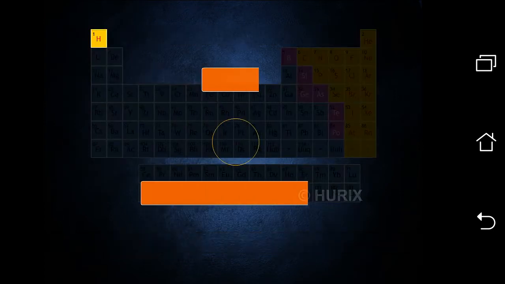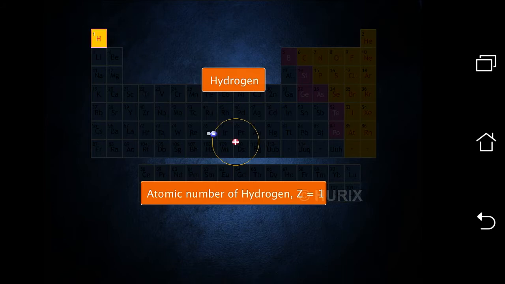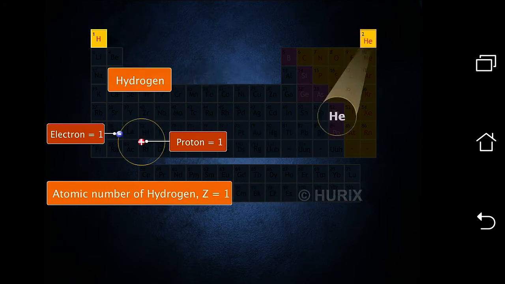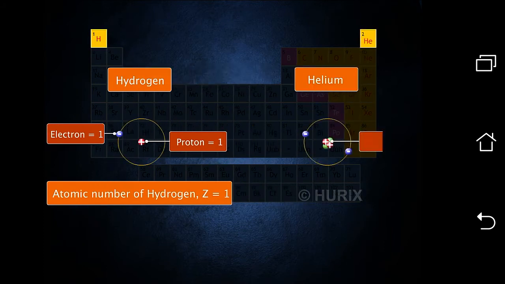Does hydrogen atom have any neutrons? Helium has 2 neutrons and 2 protons. What is the atomic number of helium?